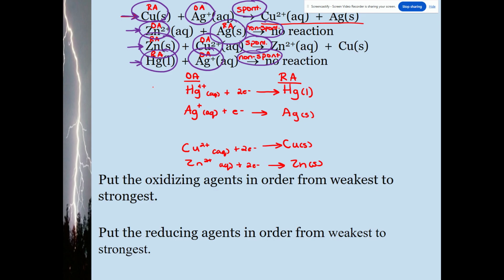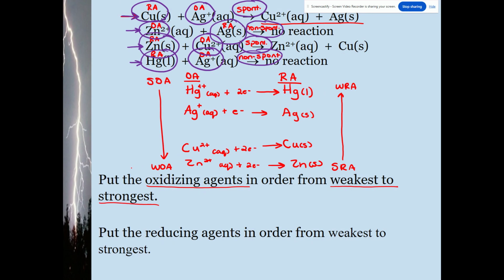Now, I know at the top left is my SOA, and as I go down, they get weaker. And on the bottom right is my SRA, and as I go up, those get weaker. Okay, read the questions very carefully. It wants the oxidizing agents in order from weakest to strongest.